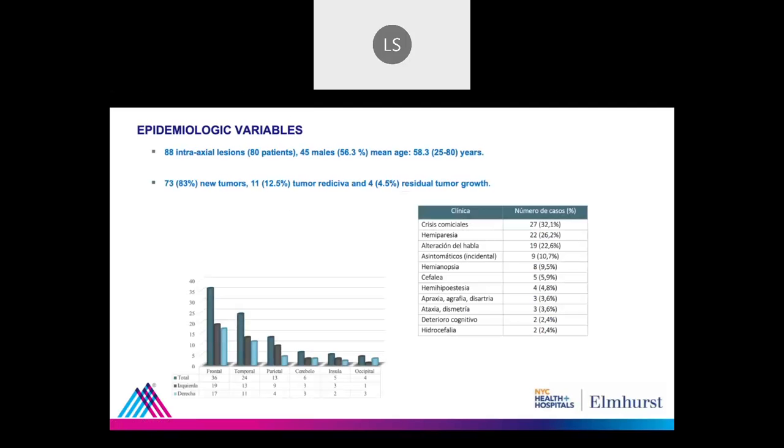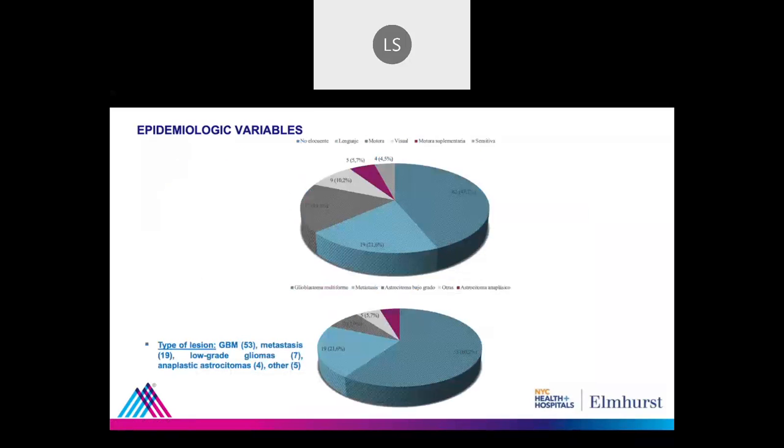And then this is the sample that we have, 88 tumors, 83% of them were new. Most of them were located in non-eloquent areas, and most of them were GBMs, and 20% of them were metastases.